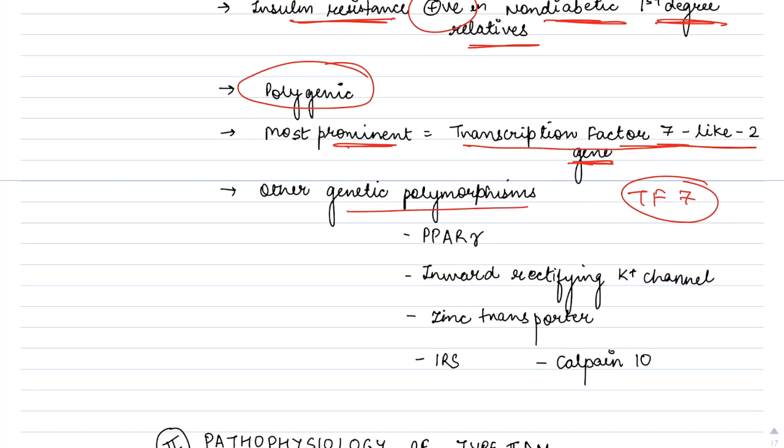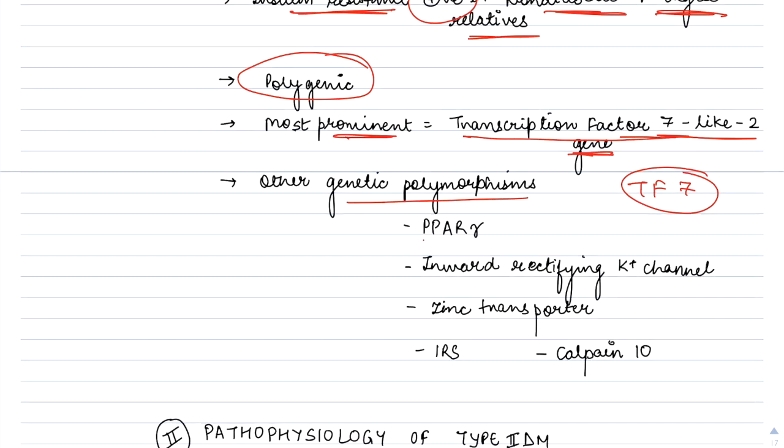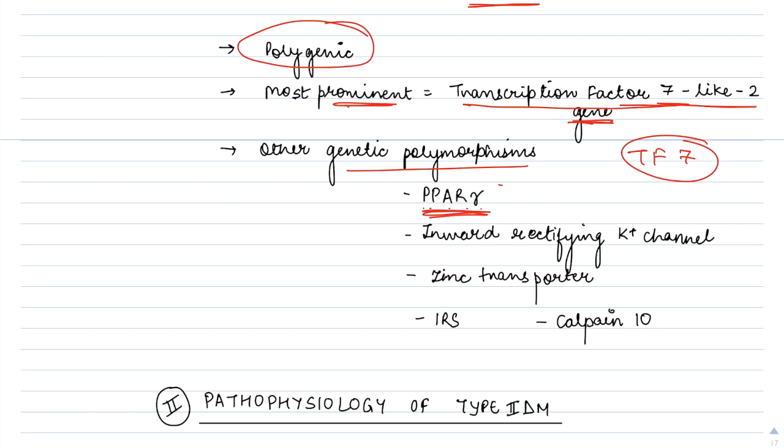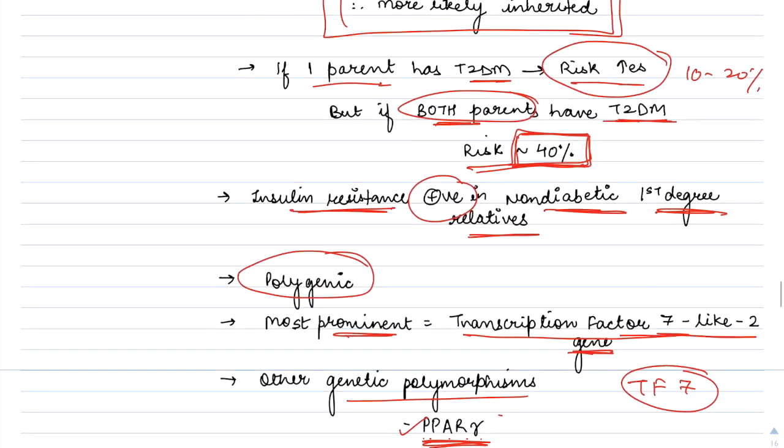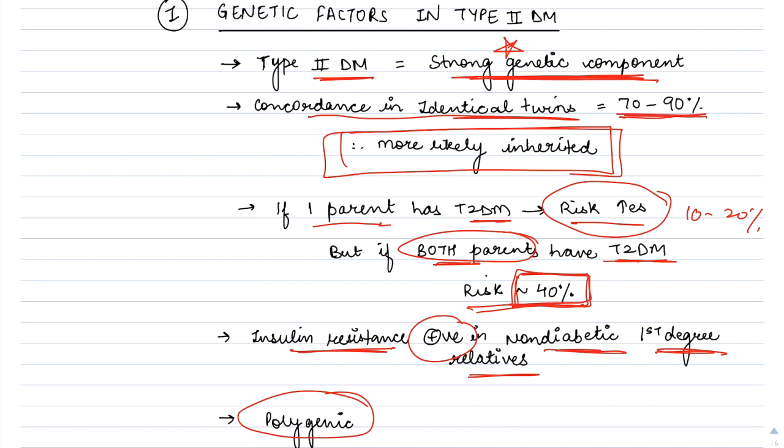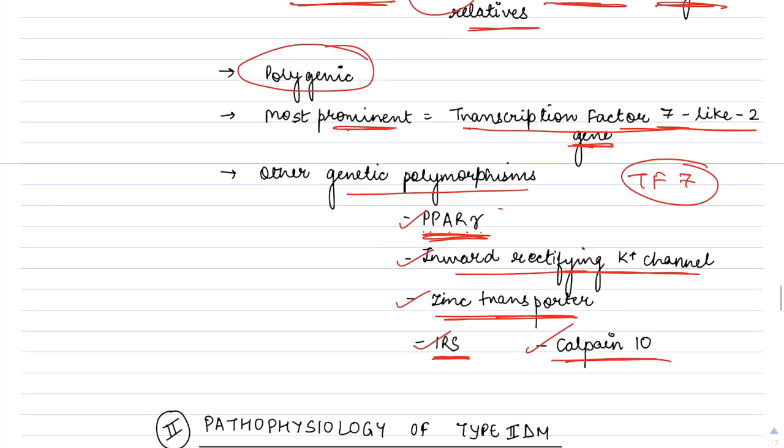The other genetic polymorphisms can include peroxisome proliferator activated receptor gamma defect, or the inward rectifying potassium channel defect, zinc transporter defect, insulin receptor substrate defect, or calpain 10 defect. These are the various genes in which polymorphisms can occur in type 2 diabetes. So this was the genetics of type 2 diabetes.